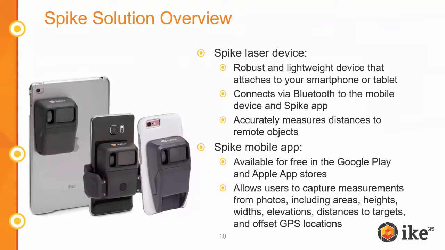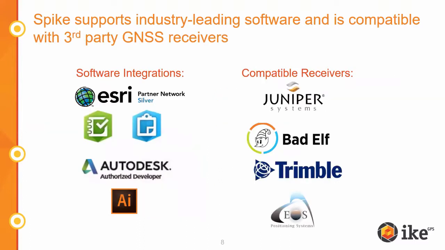And once you have that loaded, you have everything you need to work with an app, and I'll demonstrate it, to point the laser at the object, take a photo of that object, and then measure that object, including areas, heights, widths, elevations, distance to targets, offset GPS locations, all sorts of things that are really simple but very impactful for the right applications.